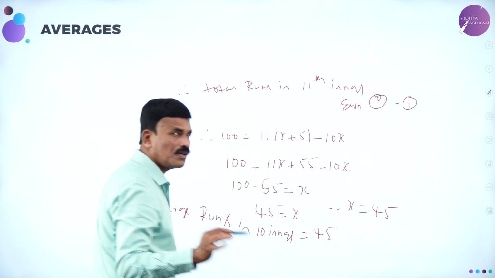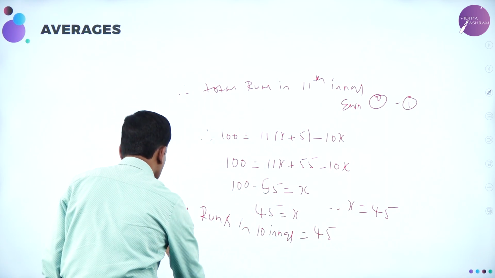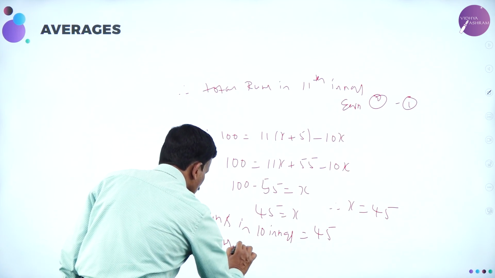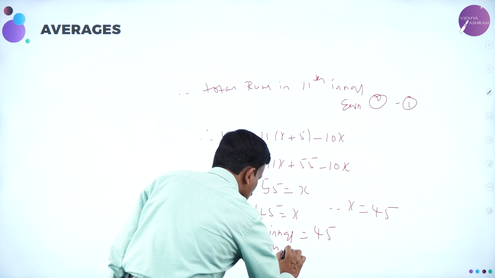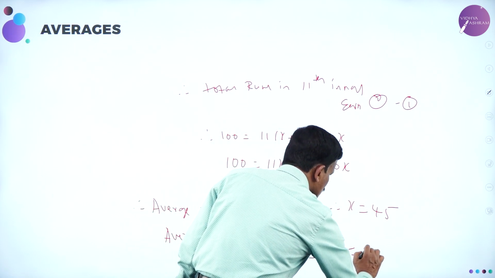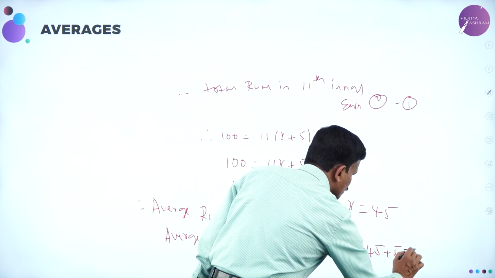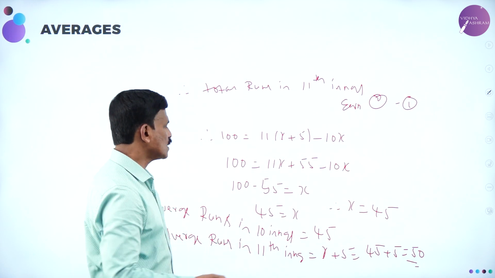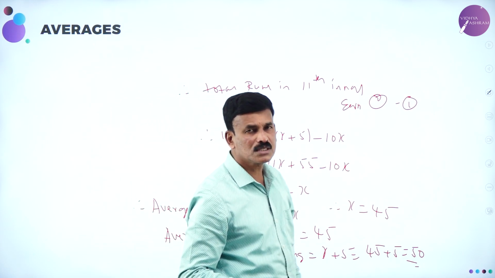Now what is required is to find the average runs in the 11th inning. Therefore, the average runs in the 11th inning is equal to x plus 5. What is x? x is equal to 45, plus 5, that's equal to 50. So the average runs in the 11th inning is 50.